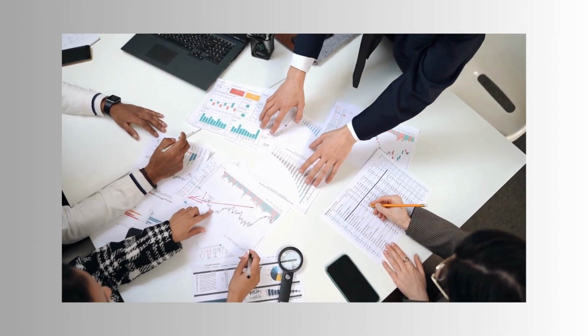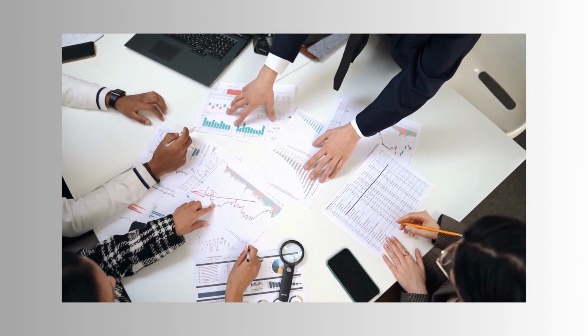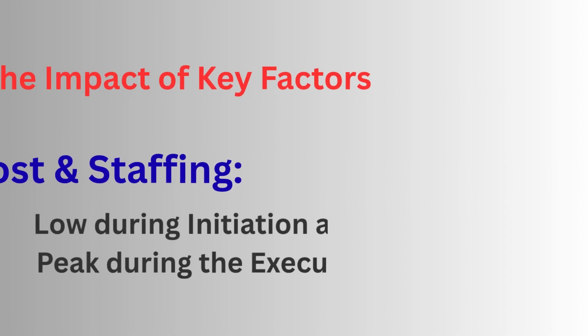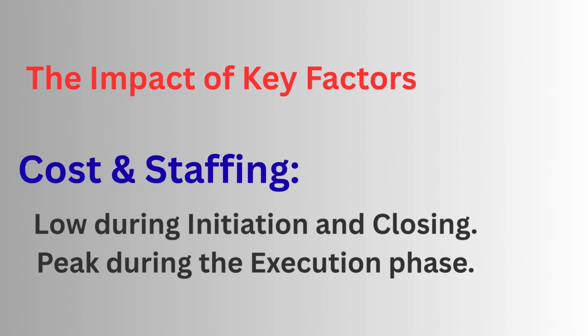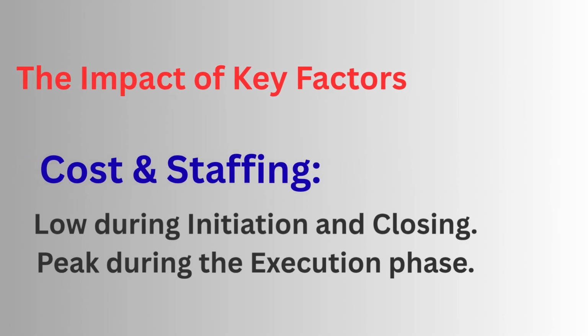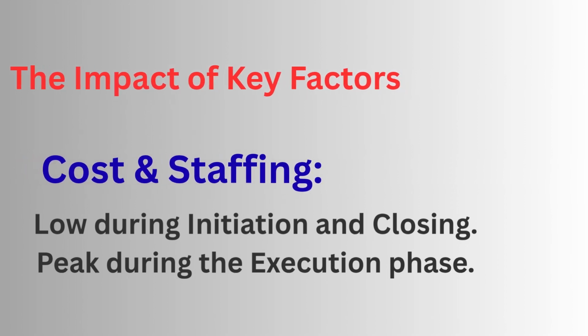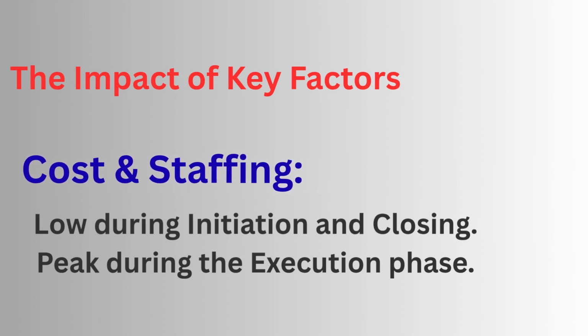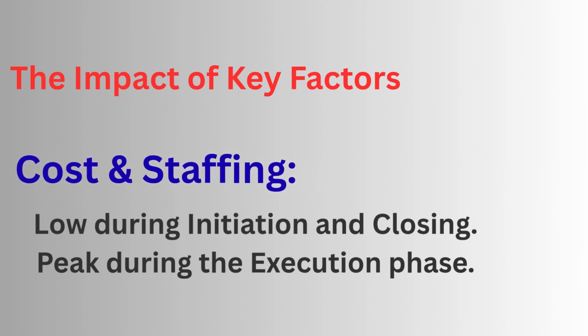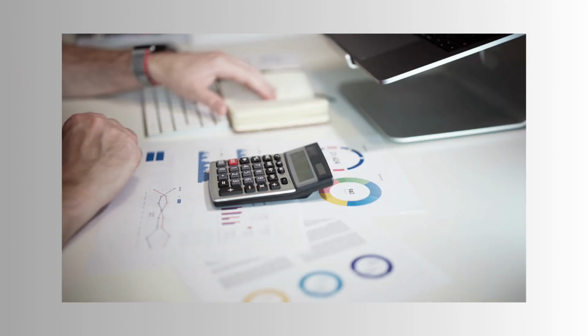It's important to understand how key factors fluctuate. Cost and staffing levels are low during the initiation and planning phases, peak significantly during execution when the bulk of the work is being done, and then decrease again during closing.